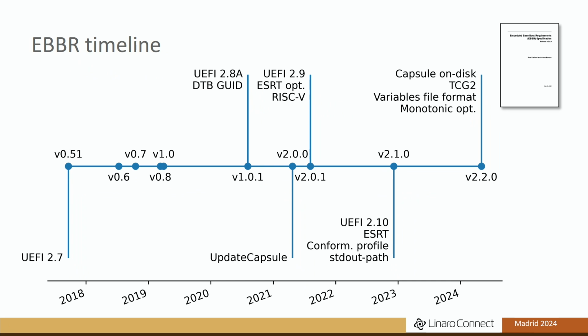One interesting feature is the DTB grid, which made it into version 1.01 of the EBBR specification, and which was in fact upstream, you could say, to UEFI 2.9 later on. That's an important feature, as we discussed even during John's presentation. The DTB grid is used to pass the device tree to the OS as a EFI system table.